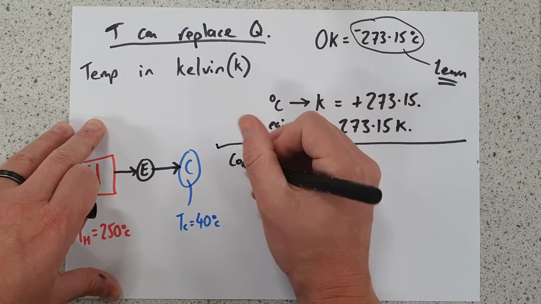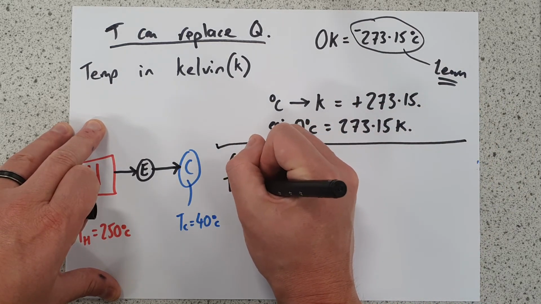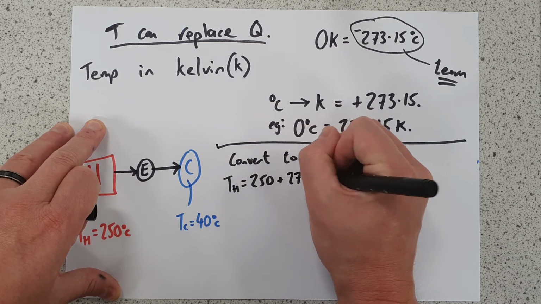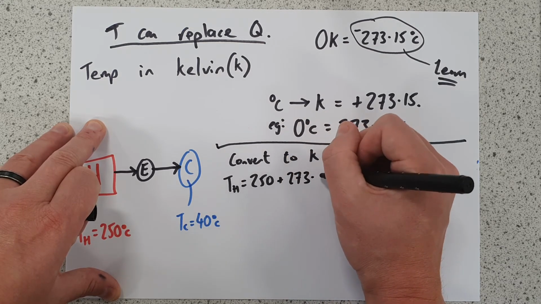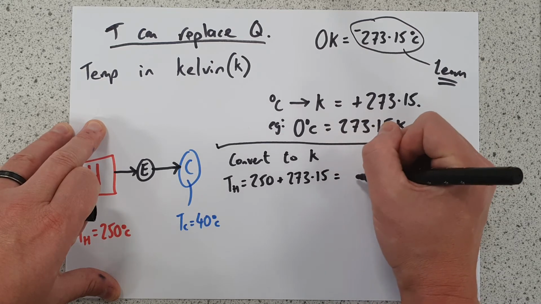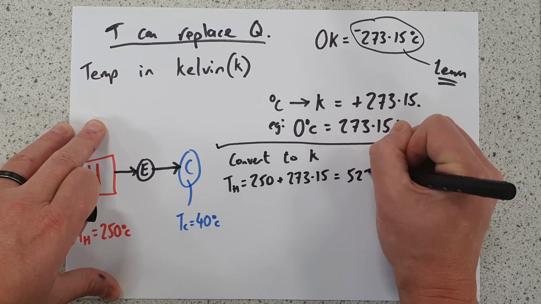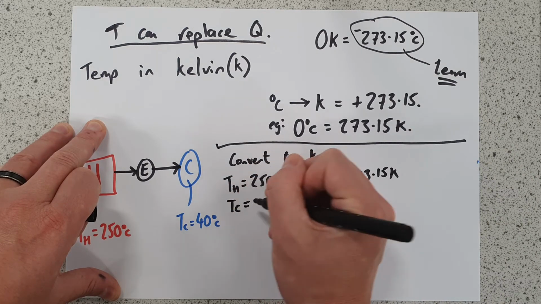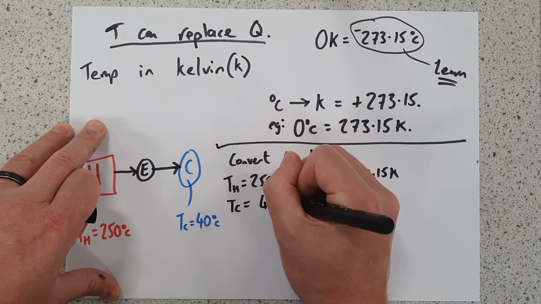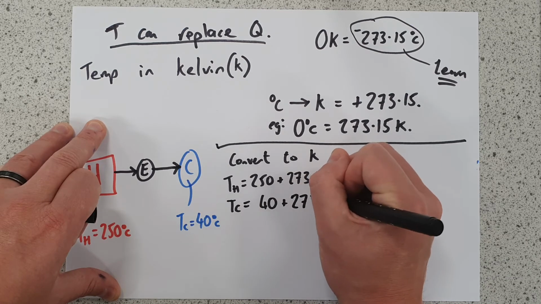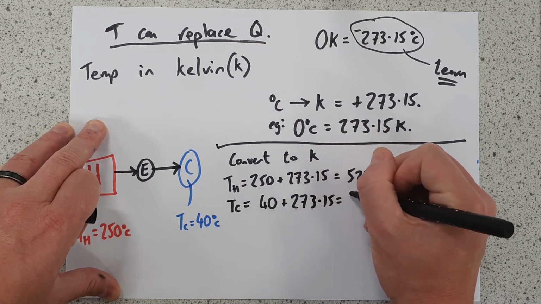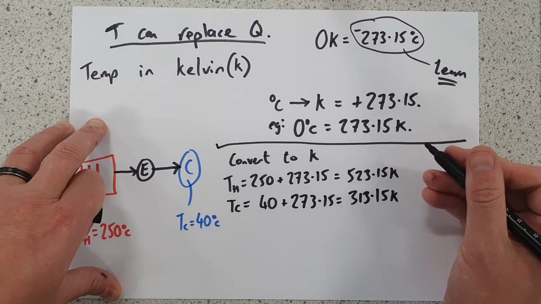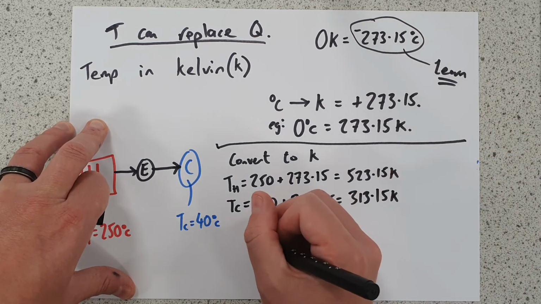Okay, so in this case TH is 250 plus our magic number of 273.15, and this gives us 523.15 Kelvin. Our cold temperature is going to be 40 plus, again, our magic number, which is going to be 313.15 Kelvin.